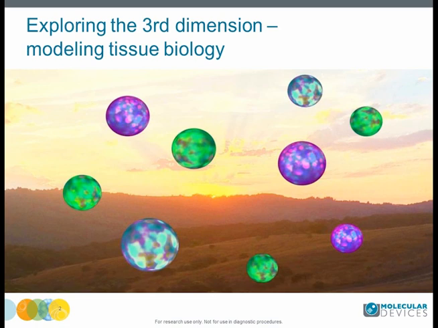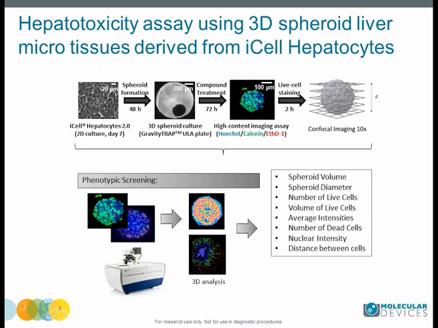Accordingly, development of higher throughput assays using 3D cultures is an active area of investigation. The goal of this study was to develop and evaluate high-content imaging methods to investigate toxicity effects on the morphology of liver spheroids using techniques for confocal imaging and 3D image analysis.